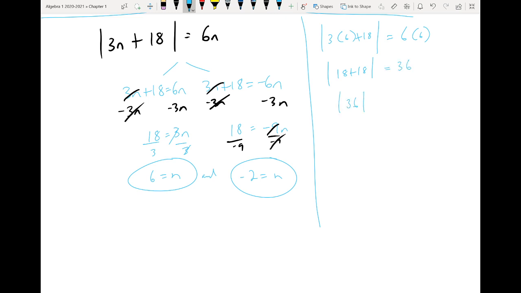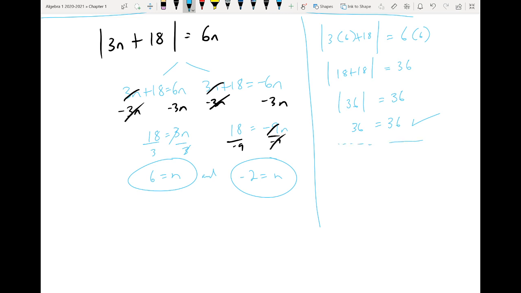Or the absolute value of 36 is equal to 36, which you guys already know that's going to be the case, right? But let's make sure that you finish your check step and make them identical on both sides. The absolute value of 36 is 36, even though you can probably see right here at this step that that's already a true statement. And then we're going to move down to the next one.